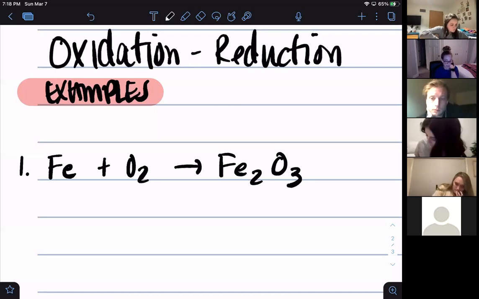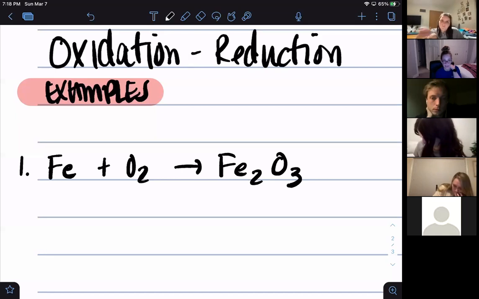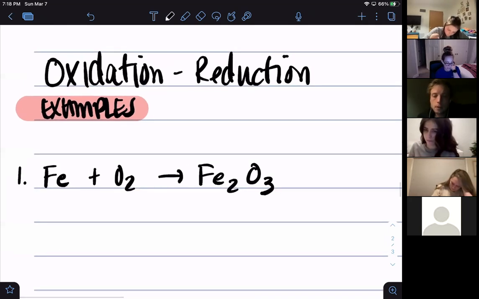So in this case, who is doing the oxidizing? Isn't it the oxygen? Exactly. It's no trick question. It is the oxygen. But you're going to be like, okay, well, what? He went from a 2 to a 3, right?